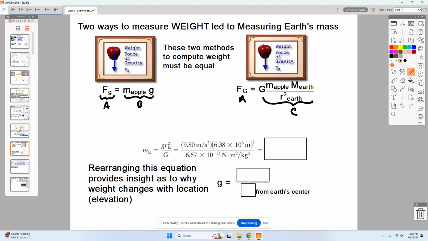So if A is equal to B, and A is equal to C, what's the transitive property, tell me? B must be equal to C. If that's true, then B equals C. So here's B, the mass of the apple multiplied by the acceleration due to gravity, two things that we can measure pretty easily on the Earth.